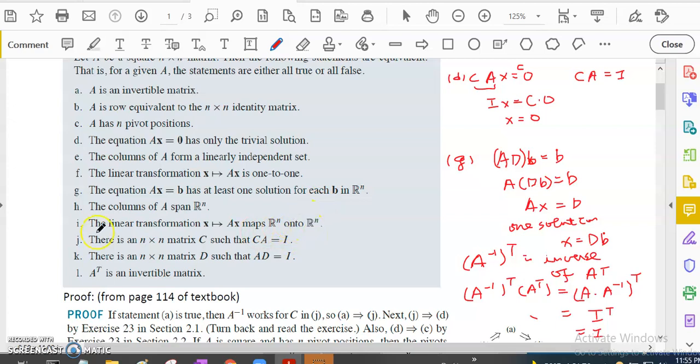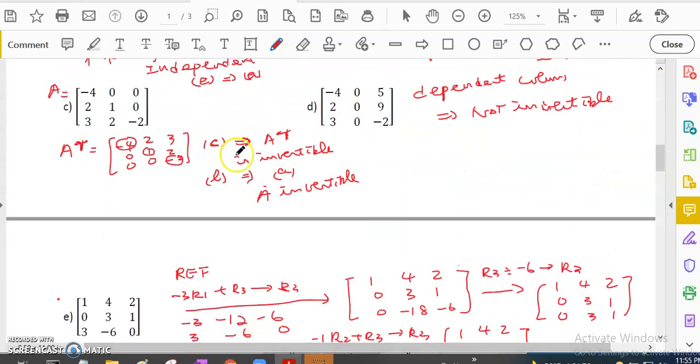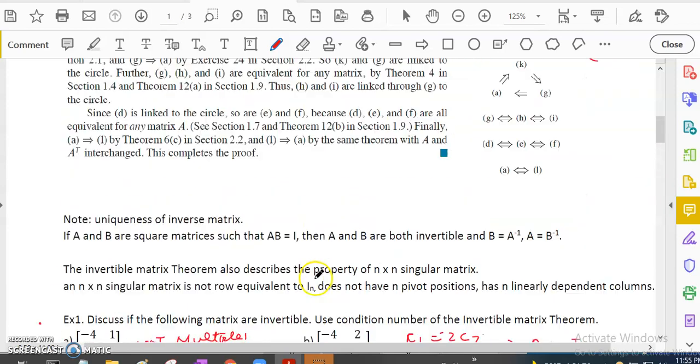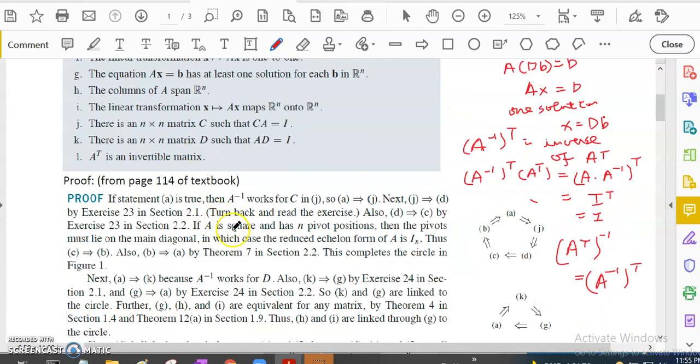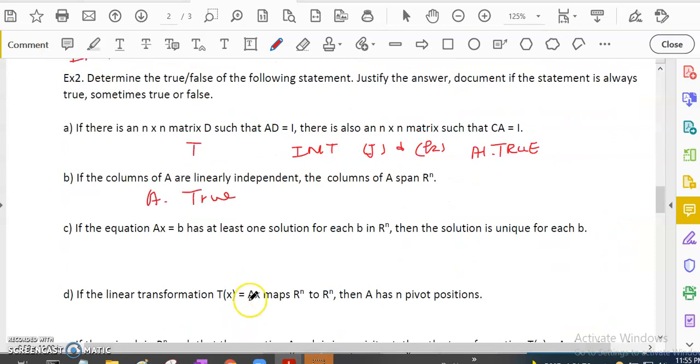Yes, that is G and H. At least one solution, G and H. So it's G and H of the IMT.